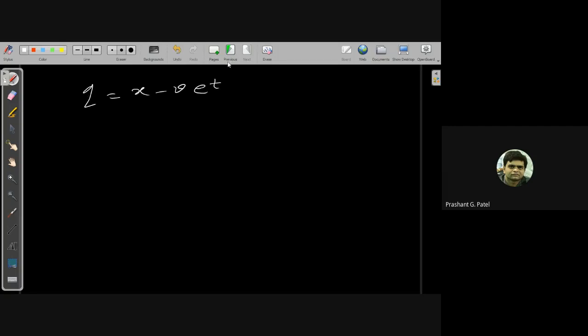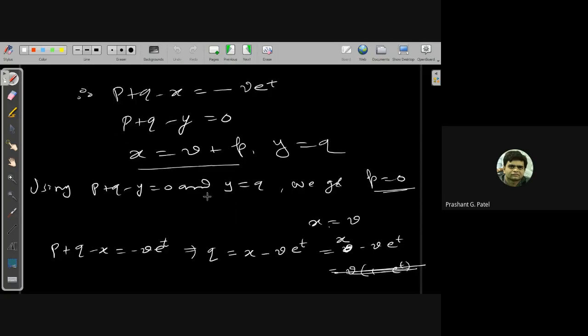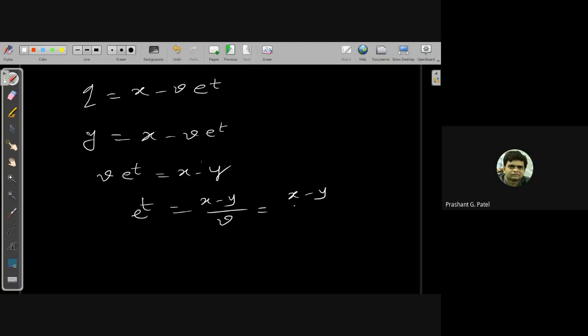But value of q, we have obtained it as y. So y is equal to x minus v e power t. So we'll have v e power t is equal to x minus y. So e power t is x minus y upon v, but value of v we already have as x. So that's why this is x minus y upon x. So e power t is this, x minus y upon x.